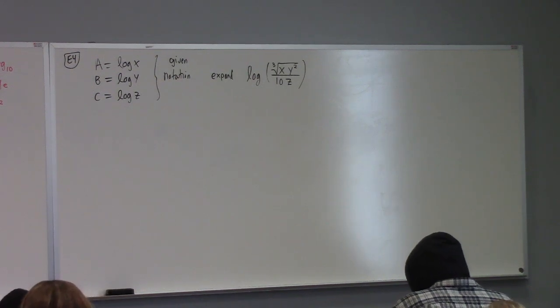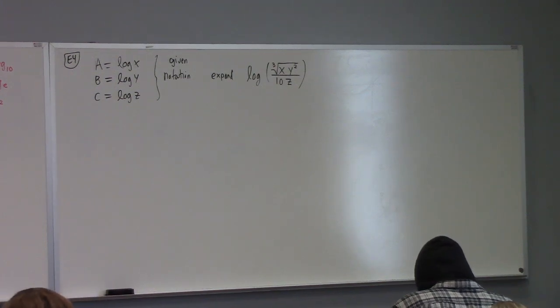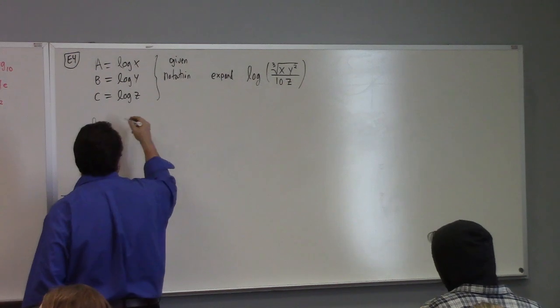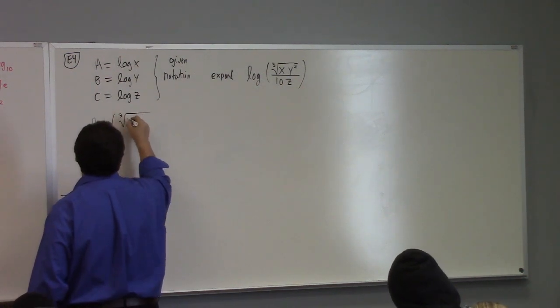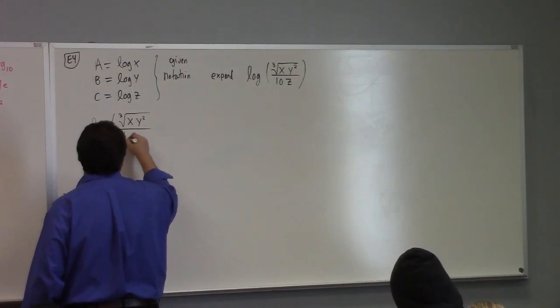I think that you said problem 87, Michael? Yes. Probably 87 is easier than this, isn't it? Maybe a little bit. So let me start. I'm just writing down what I have up there again. So we've got the log of the cube root of xy squared divided by 10z.